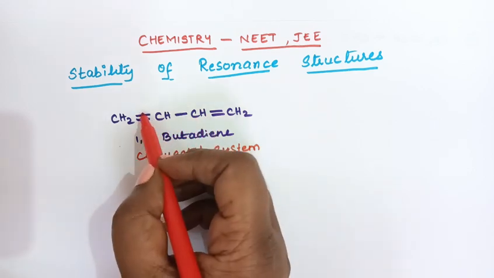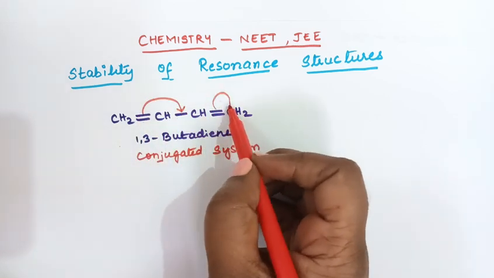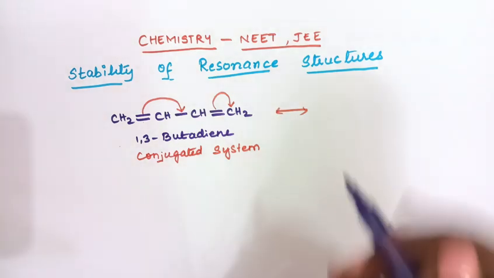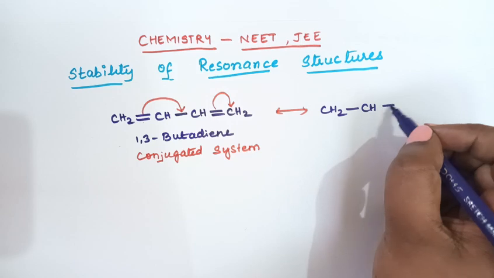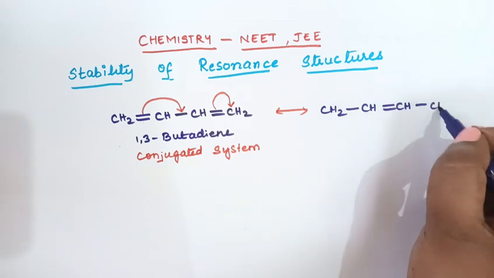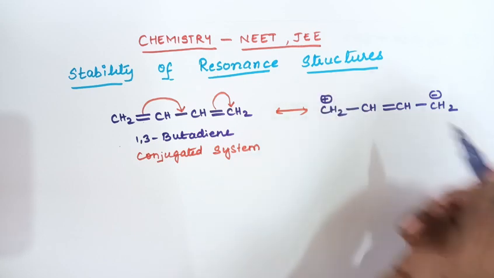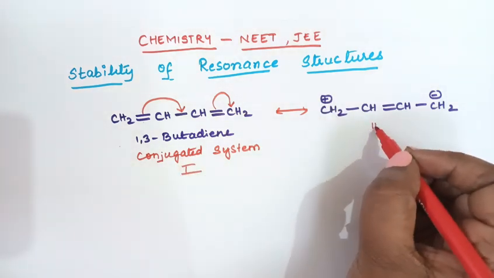That is, these pi electrons will shift here. These pi electrons will shift onto this carbon. So you can write this as CH2, single bond CH, double bond CH, single bond CH2, negative sign here and positive sign here. So this is one structure and this is the second structure.